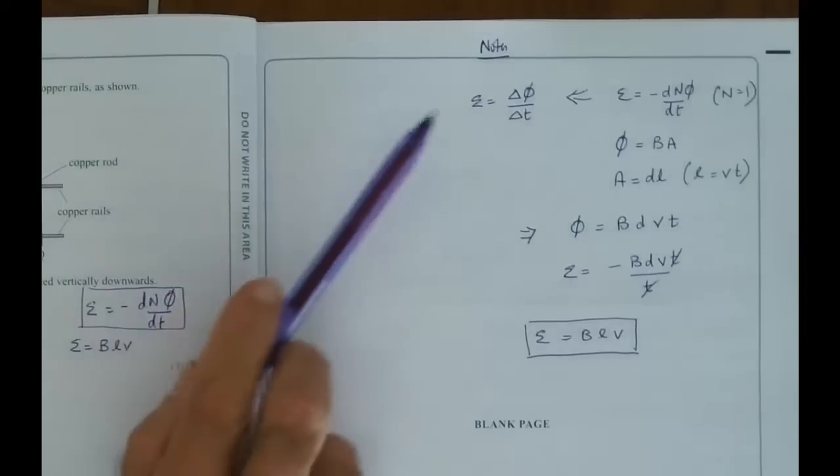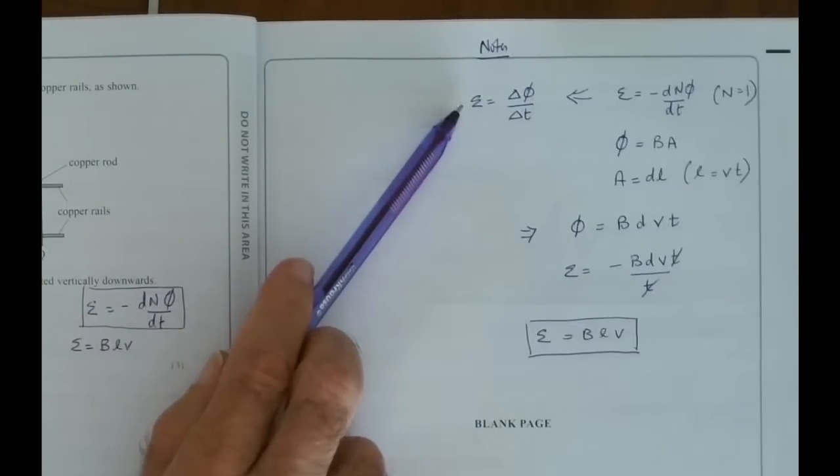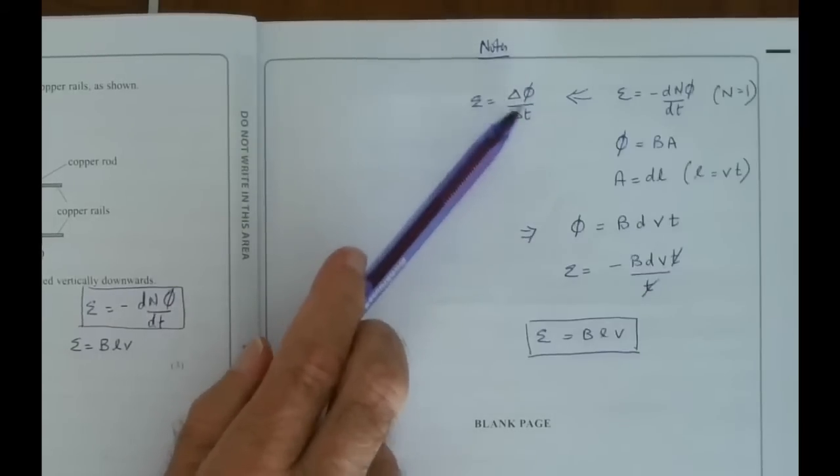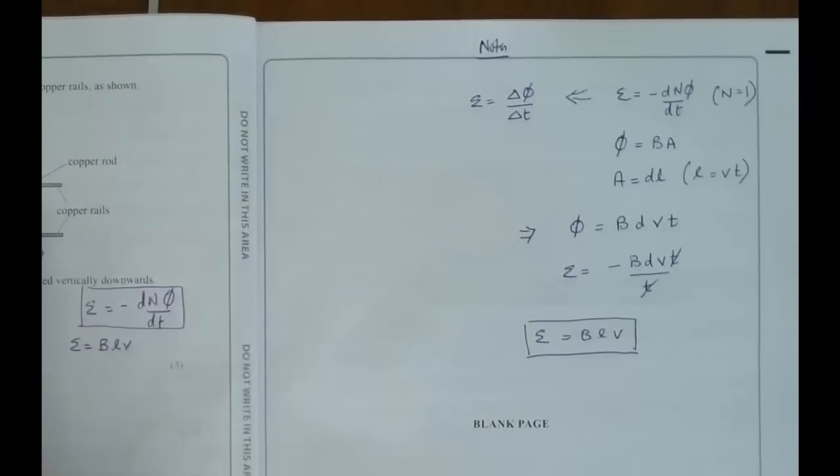The first thing you need to know is that E, the magnitude of the EMF, is the rate of flux linkage, the rate of change of flux going through the magnetic field and cutting through the field lines. This PQ is moving on the copper rails at a velocity v, and the effective length of the copper rod is the width of the copper rails, because that's where you're going to get the EMF induced.